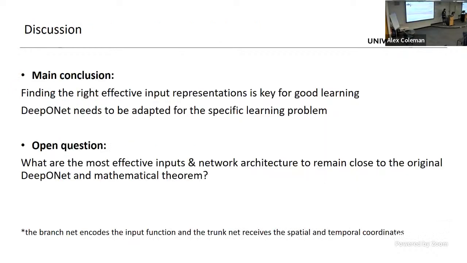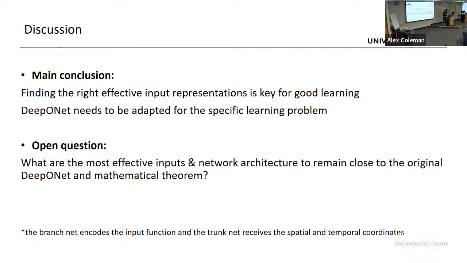But the main conclusion is that I have to find the right input representation, which is the key for good learning. And also that this DeepONet needs to be adaptive. And something I'm also looking at is maybe changing the architecture. So not only change the input, but also adapting the architecture to my specific problem.